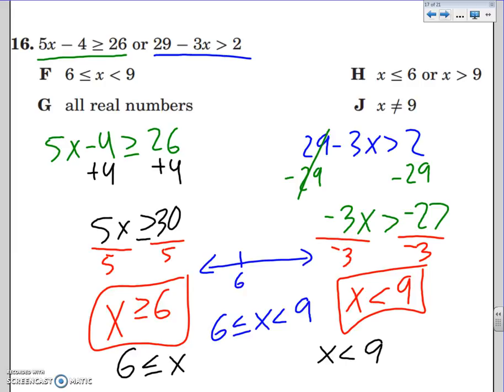So here's 6, here's 9. The left one, X is bigger than or equal to 6. I just make it hollow, and I go right. So I'm going to go this way. The other one is hollow and smaller than 9, so it goes this way. So they meet in the middle. You want to find their overlap, so that would be F.